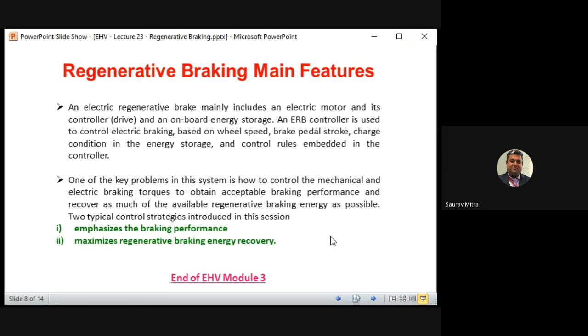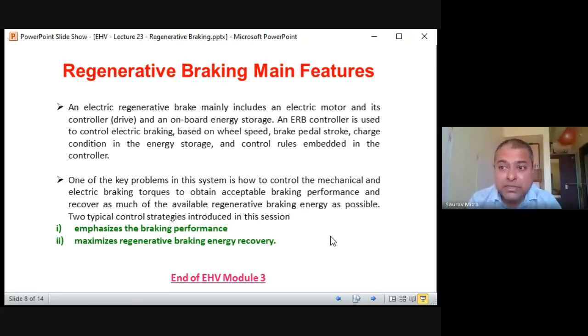First one is how to ensure safety, how to ensure the deceleration, how to bring the car to rest if there is overspeeding. That is actually done by the mechanical braking. And second part is how to maximize the regenerative braking so that we can recover maximum energy that is wasted during the braking. These two are the main agendas explained in the case of regenerative braking.